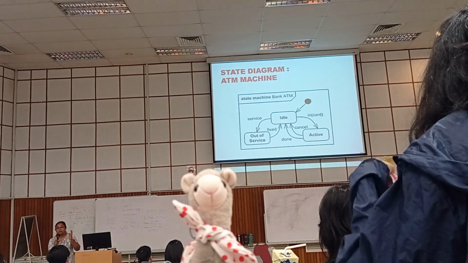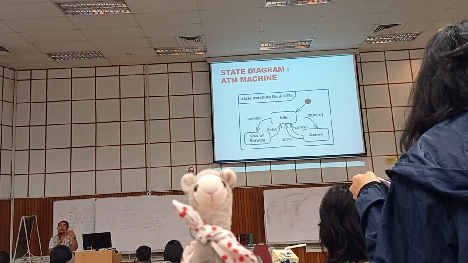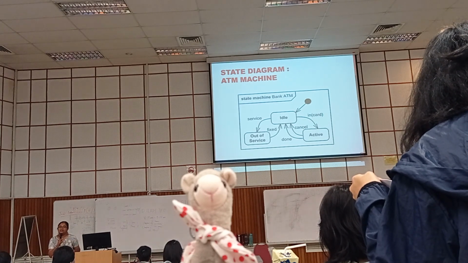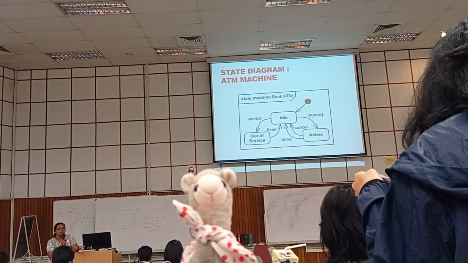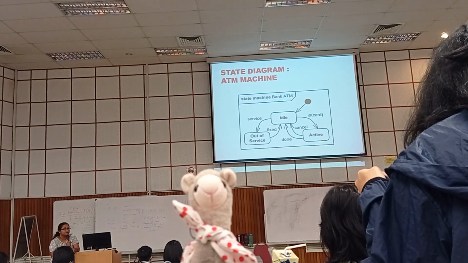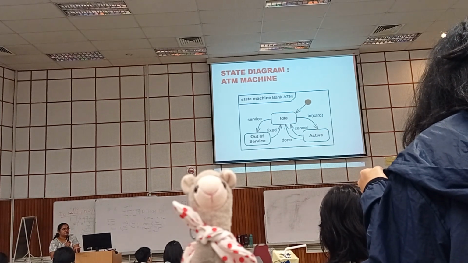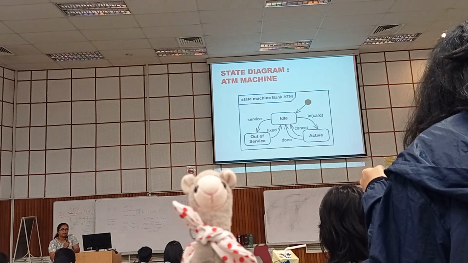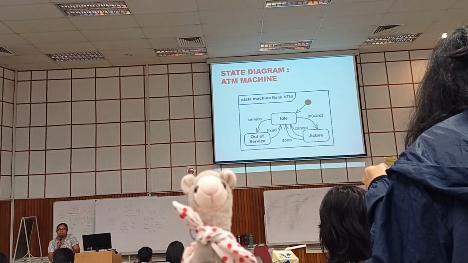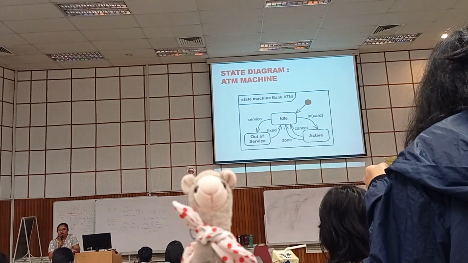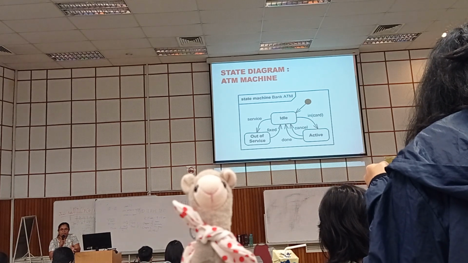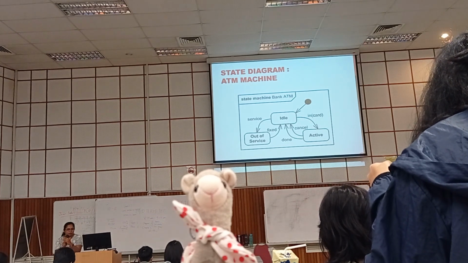Correct or not? If the machine is no more there, end. Die already. The object died. So easy, right? But later you get confused. So you need to be very careful when you are doing this state chart diagram. Okay, proceed.